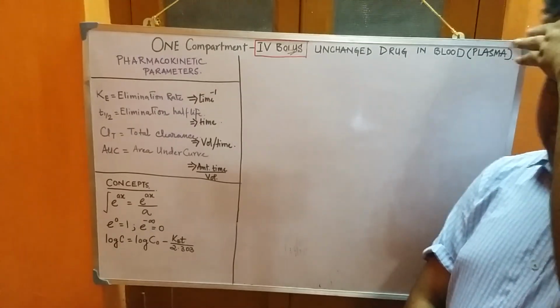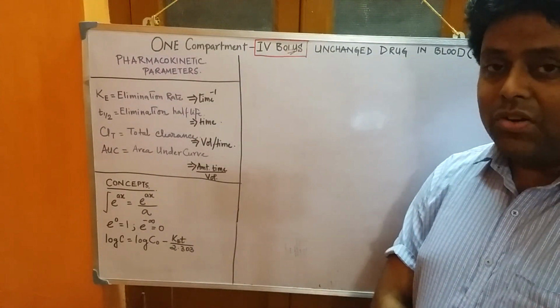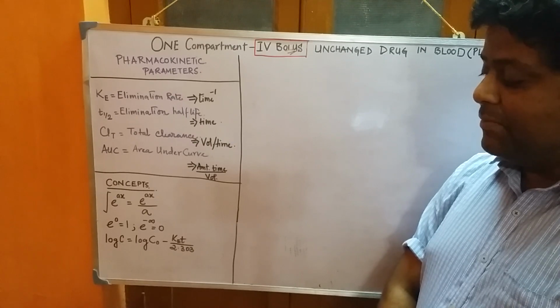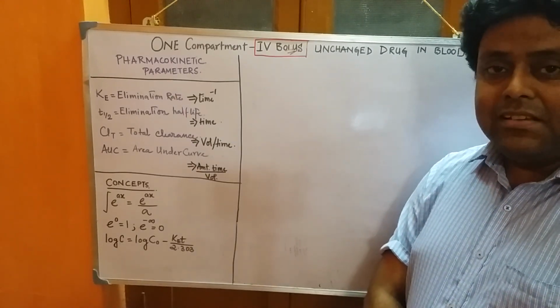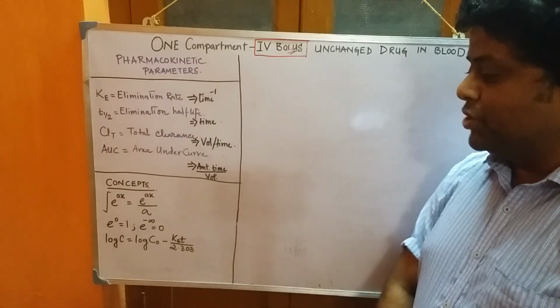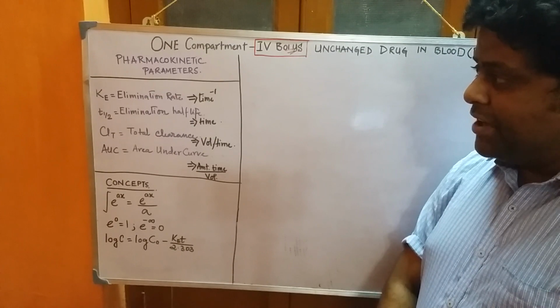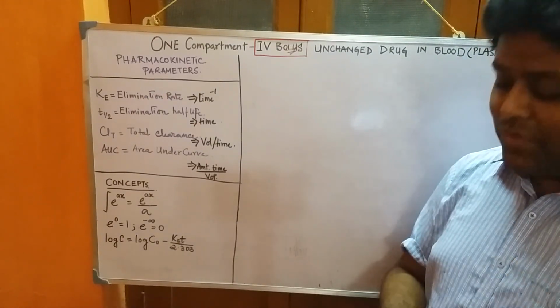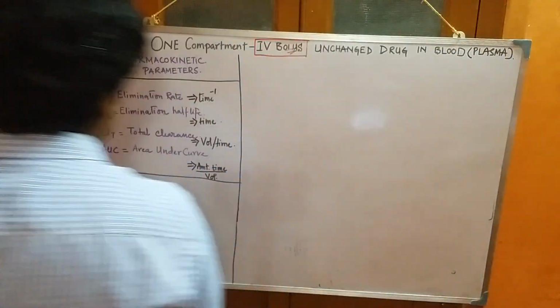Another, previously we have discussed log C equals log C naught minus Ket by 2.303. This was derived in my previous lecture. So today we are going to see in what ways we can calculate the various pharmacokinetic parameters.